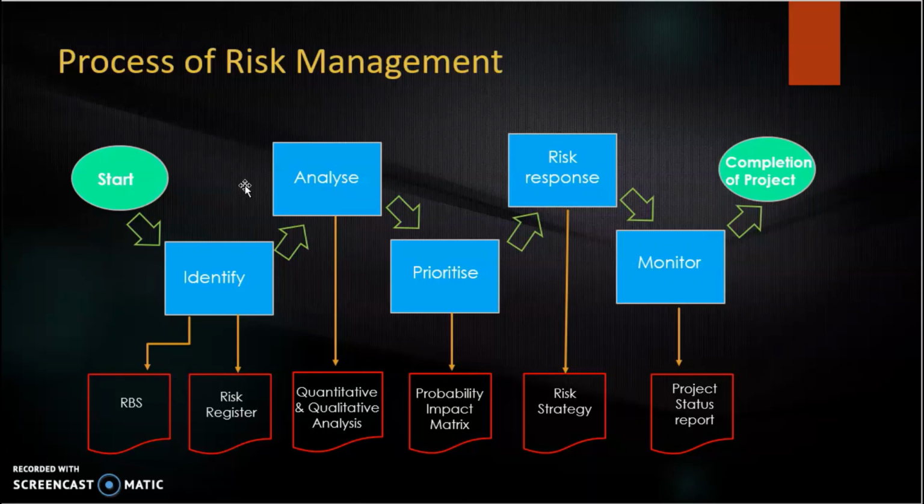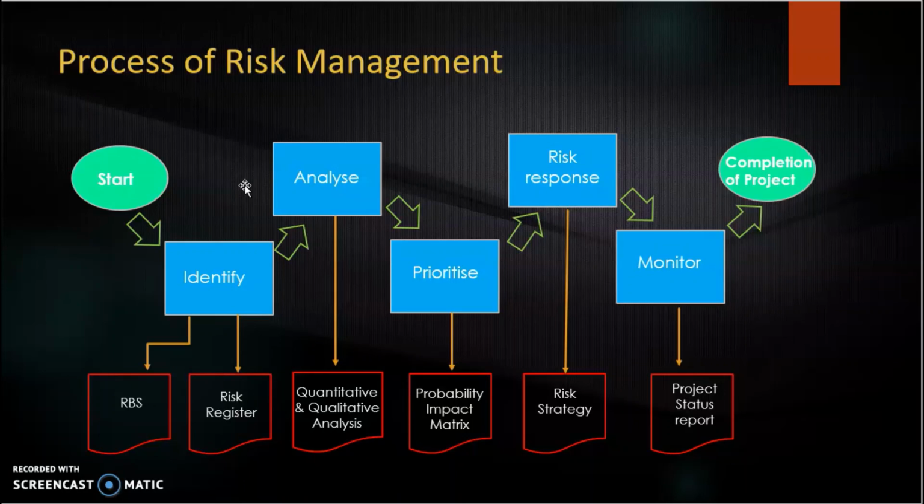So what is the process of risk management? Risk management is the identification, evaluation, and prioritizing of risk, followed by coordinated and economical application of resources to minimize, monitor, and control the probability or impact of unfortunate events, or to maximize the realization of opportunities.